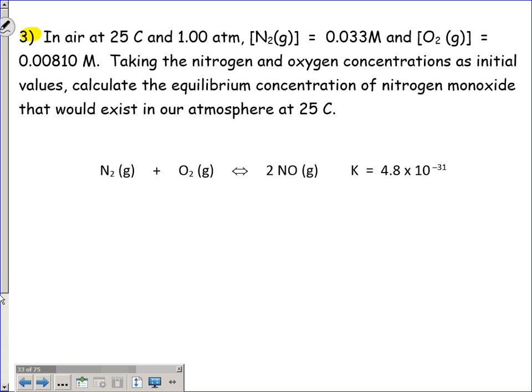Okay, you're subtracting X from which side? Okay, so far you guys are saying 0.033 molar and 0.00810 molar and 0, because you were given 0 there.